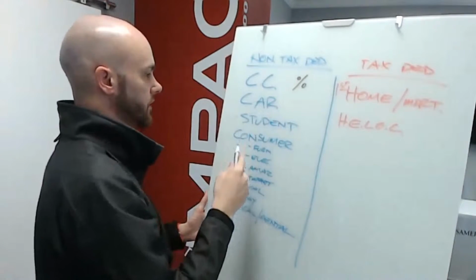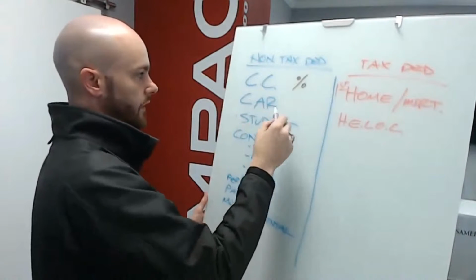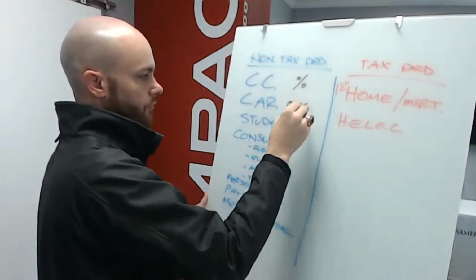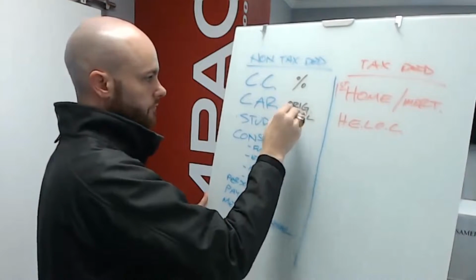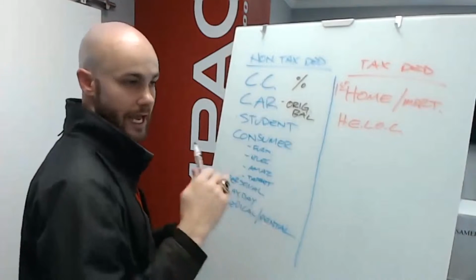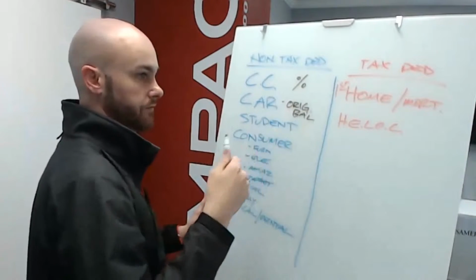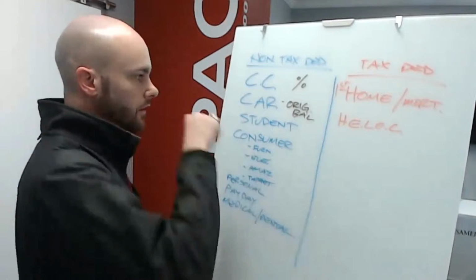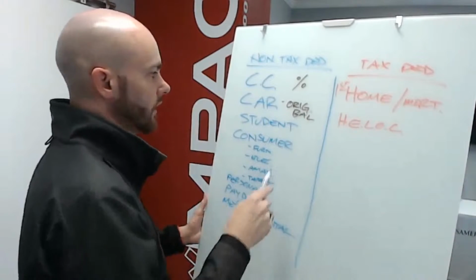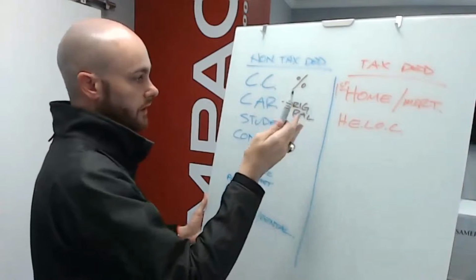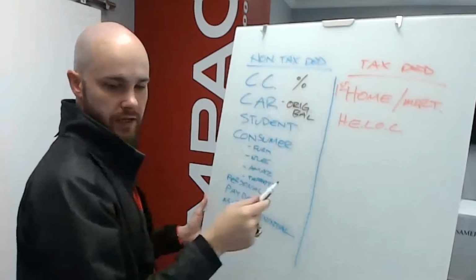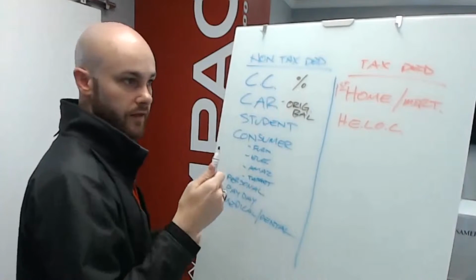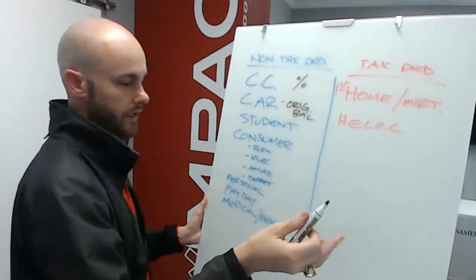A car loan takes the original balance and the payment is amortized over 5 years, 6 years, 7 years, 3 years. There are multiple different lengths of car loans that you can get, but in most cases it's a fixed rate based on the original balance and then a set amount of time until it's paid off.